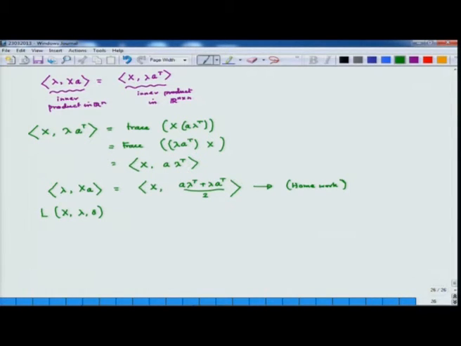So I construct the Lagrangian like this, the first part and the second part, because now I am just working in Sn. I will tell you what is the issue.